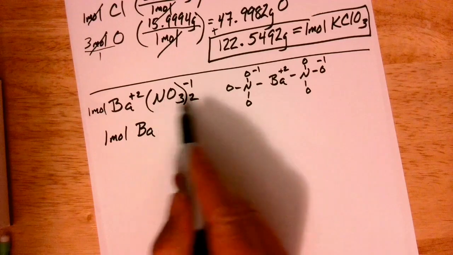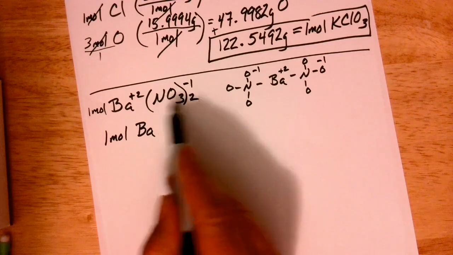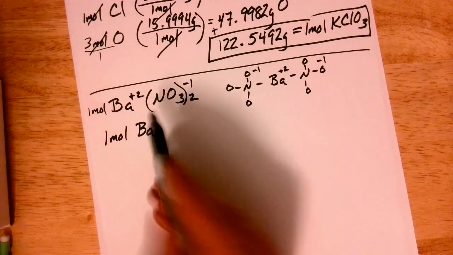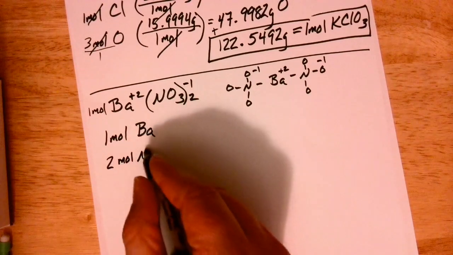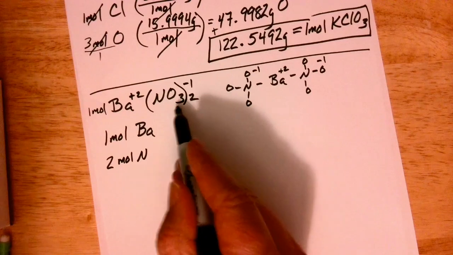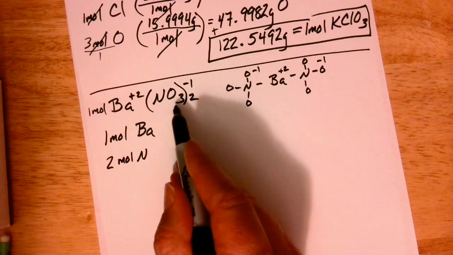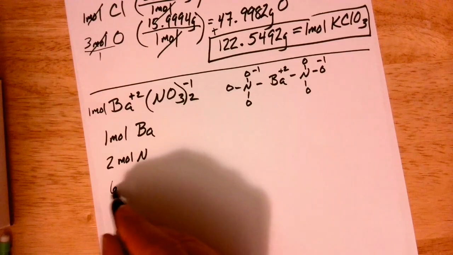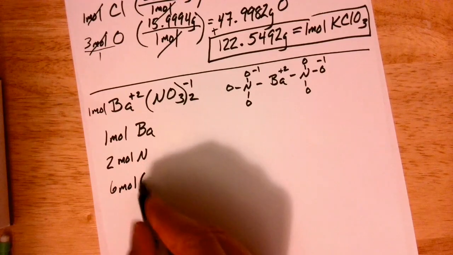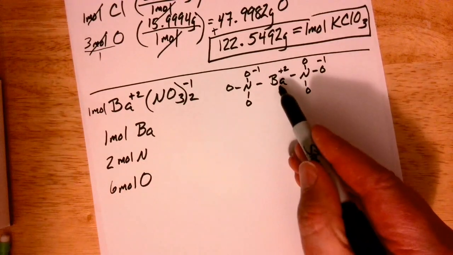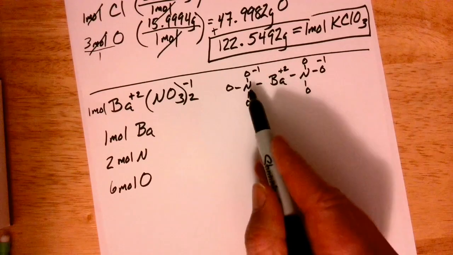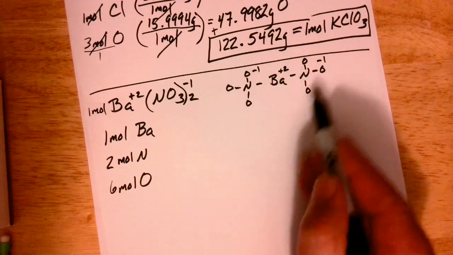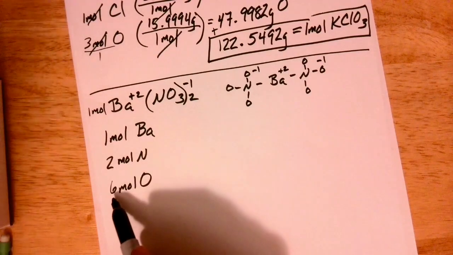If you distribute, I want to have 2 moles of nitrogen. And then 2 times 3, I'm going to have 6 moles of oxygen. As you can see here, for 1 barium nitrate, there's 1 barium, 2 nitrogens, and 6 oxygens.